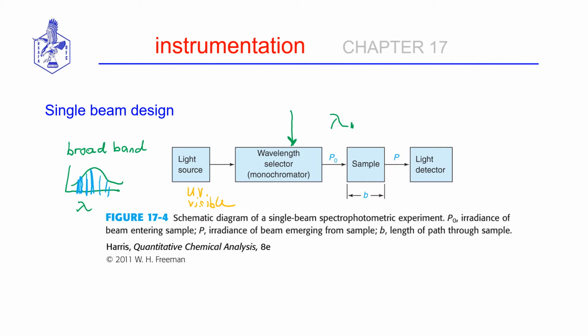Then we're going to let that light be focused on our sample of interest. Our sample of interest contains molecules or polyatomic ions that have the capacity to absorb radiation of certain wavelengths. So we're going to measure the power of the light before we have a sample in place and then after. However much light does not get absorbed is going to hit what we're going to call a detector.